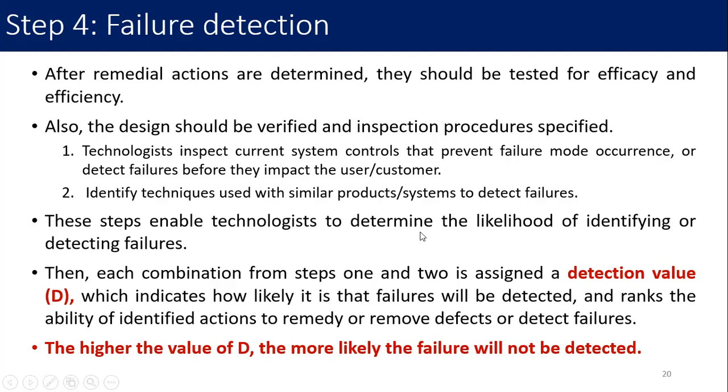We have identified the failure, we know its frequency and severity, but how do we detect it? We rank the ability of identified actions to remedy or remove defects or detect failure. The higher the value of D, the more likely the failure will not be detected. If D is higher, then it is actually not detected.